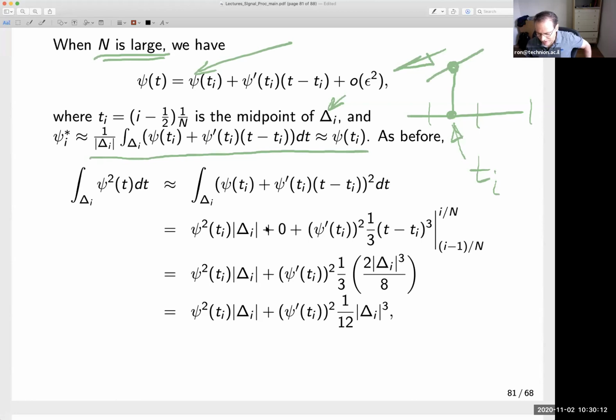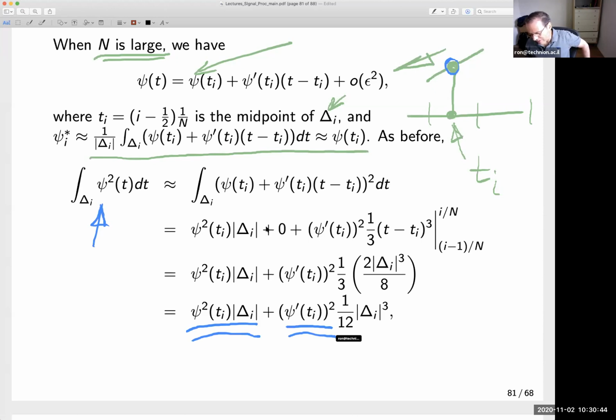Okay, so if this is the case, again, this would be my sampling point. Then I can approximate the integration over the squared values of the signal. It would look like that, and at the end of the day, this is what I would be getting. It would be the square of the value of phi of psi in the interval plus the square of the value of the derivative in the interval.